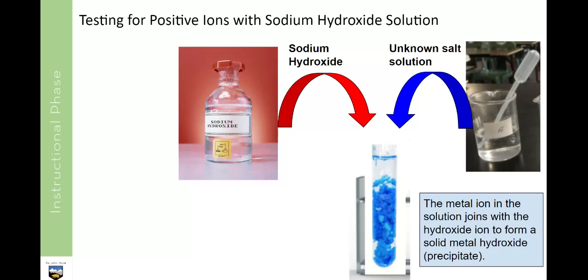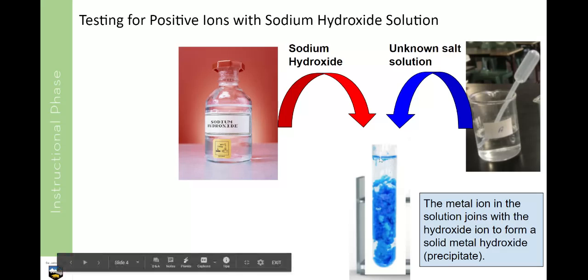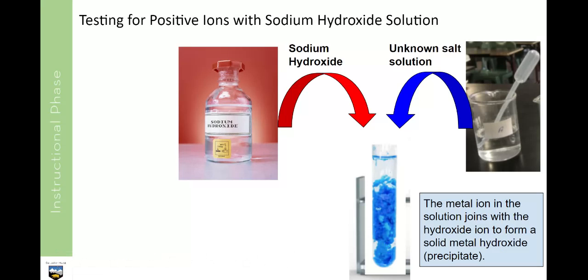So what happens is the metal ion in the unknown solution joins with the hydroxide ion in the sodium hydroxide to form a metal hydroxide, and that is our precipitate. This blue precipitate here is copper hydroxide. So I know the metal ion must be copper.